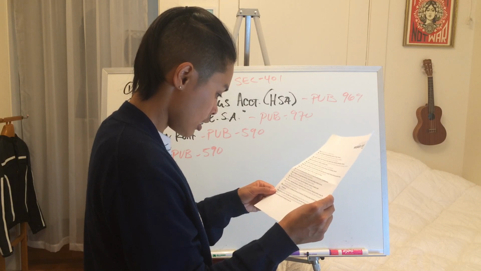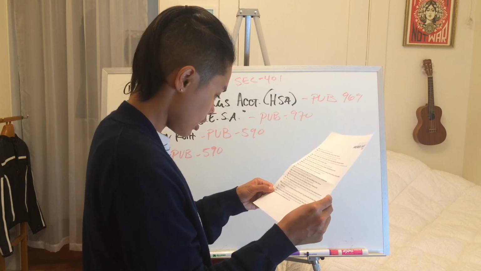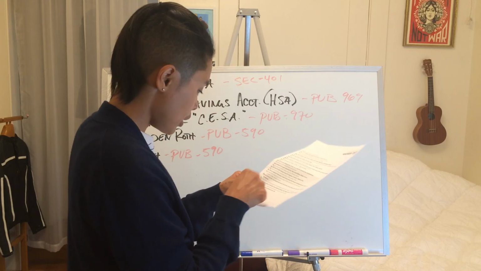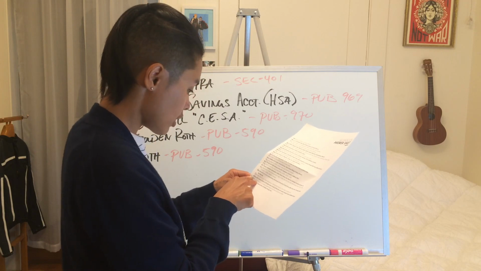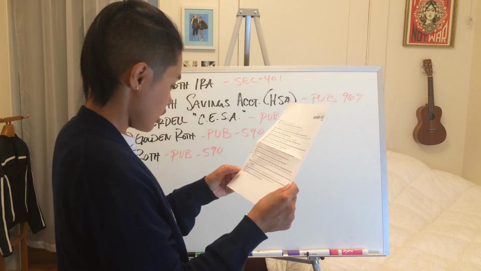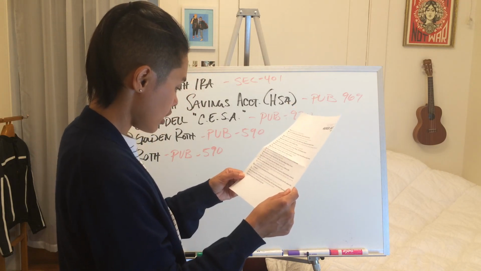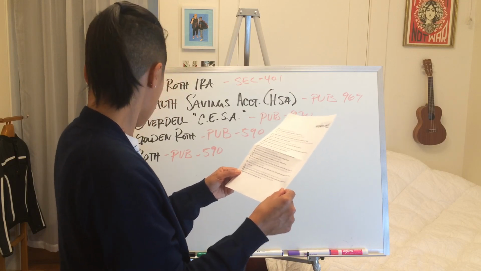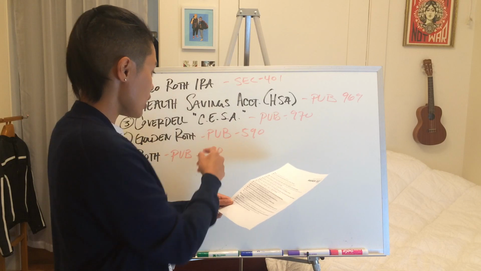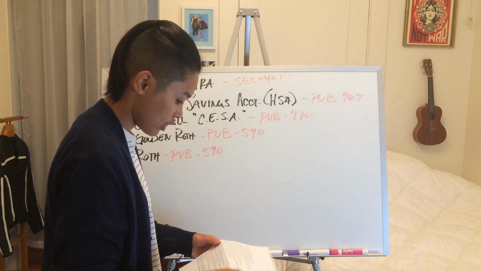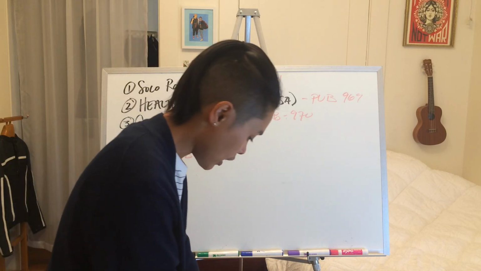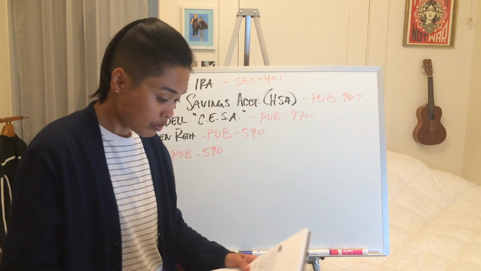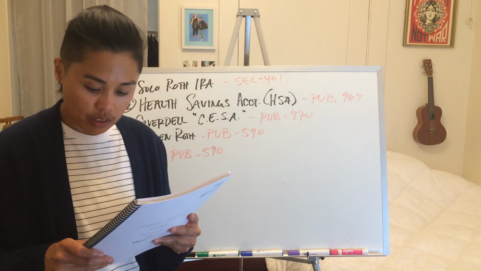Okay. CESA, PUB 970. And then for Roth and Golden Roth, both of the Roths are going to be PUB 590. Okay, perfect. All right, we want to make sure we're good with that.